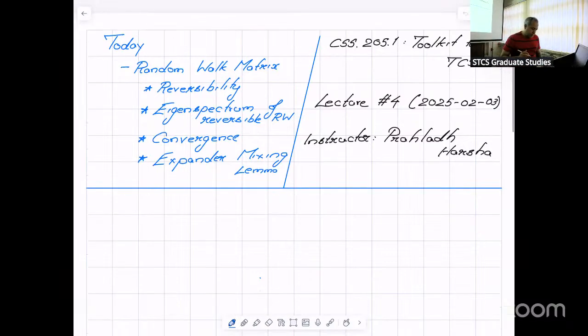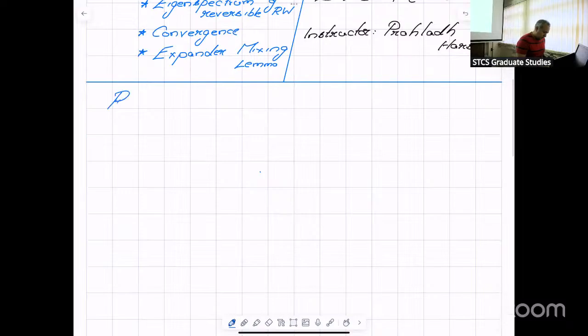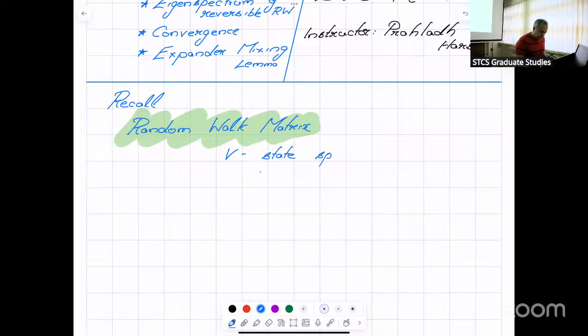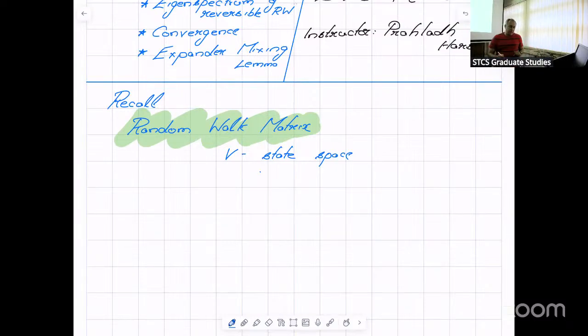So let's do a quick recall from last time. We have defined the random walk matrix. There's a state space V, and for the purposes of this, we'll just assume this is a finite state space. Everything that we do will be on a finite state space.